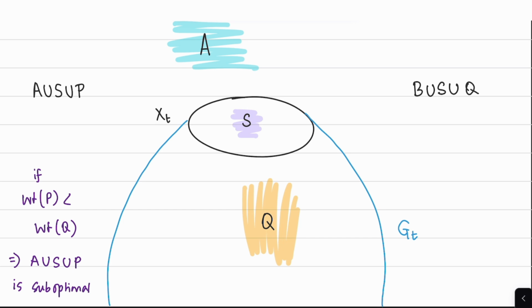And that's really enough because, as we have just seen, we might as well pick the best choice that we get from Gt. Anything that's lesser, we don't have to worry about because of this separation property that we have.